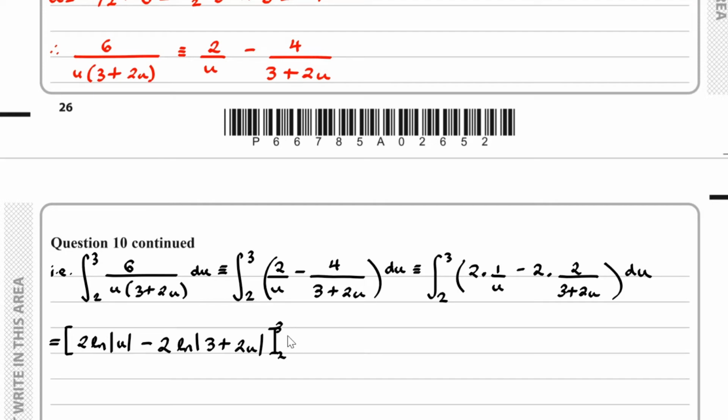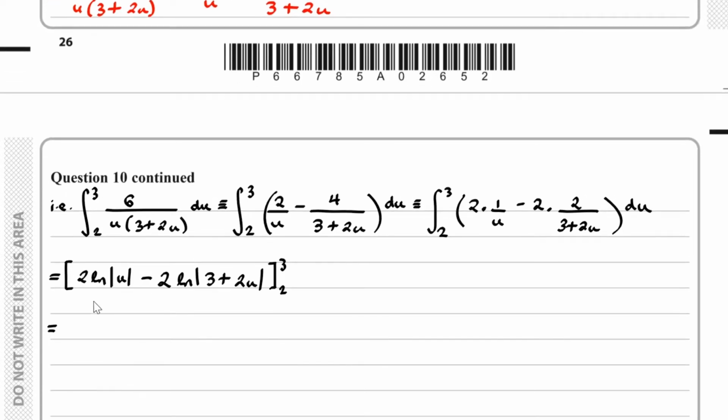Okay, so with that we can combine these together. So we're evaluating then here 2 times by the natural log of the mod of u over 3 plus 2u, and we're evaluating this in between 2 and 3.